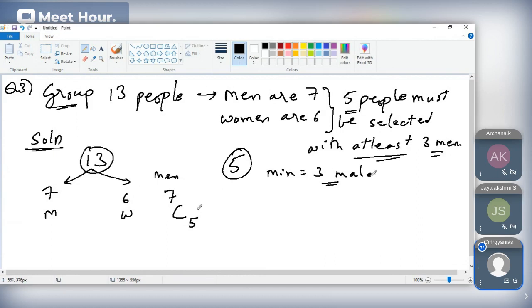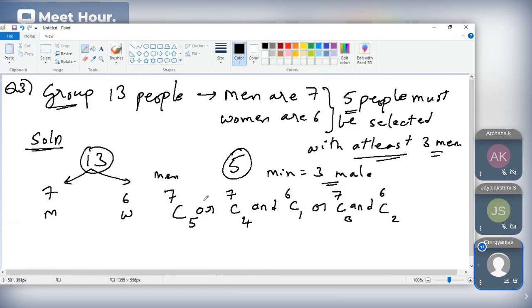Or what I can do, out of 7 men, I select 4 men, and out of 6 women, I select 1. So here also we got 5, 4 men and 1 woman. So condition is minimum 3 men. Or what I can do, out of 7 men, I select 3, the minimum condition they have given, and out of 6 women, I select 2 women.